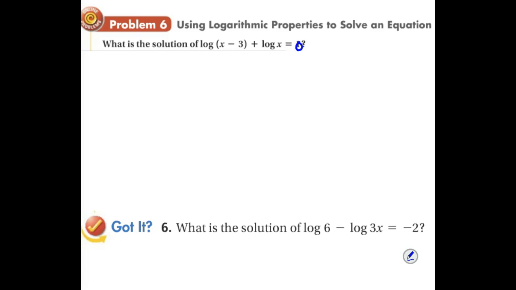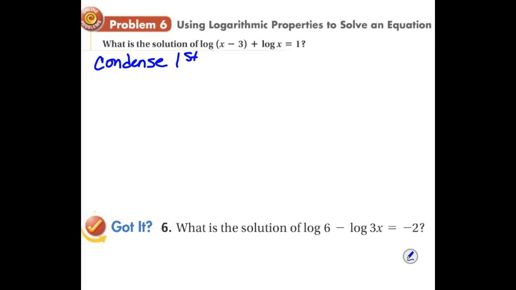Because if I had the log of something equaling the log of something, these two somethings have to be equal. So the logs basically just disappear. But I can't do that on this one because I have 2 logs on one side and I have a different number on the other side. So the technique here, the trick to doing these is to condense it first.